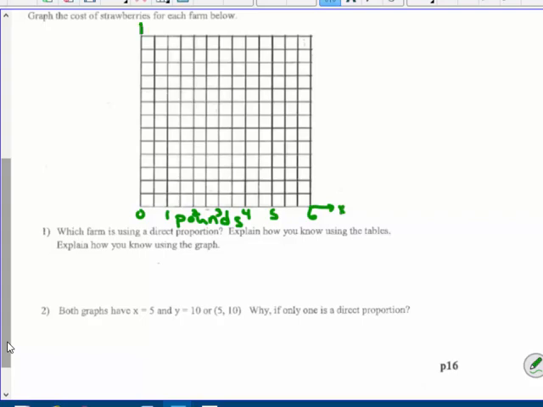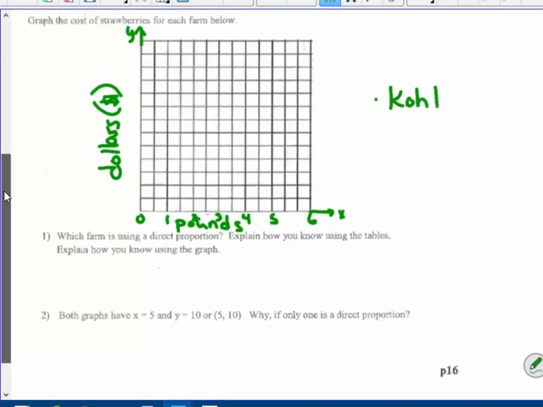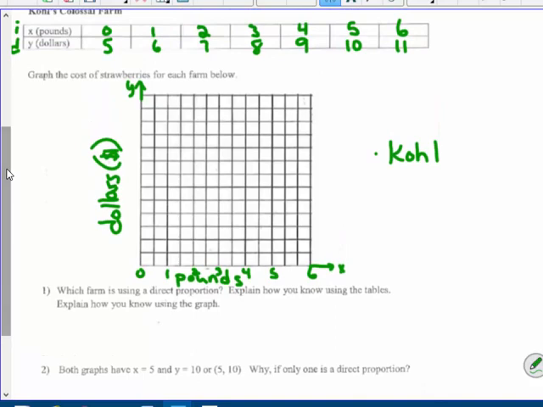And my y-axis is my dollars, or cost, which is in dollars. Not euros, not pesetas, or pesos, it's dollars, so dollar symbol. And I'm going to use the green marker for Cole. I'm going to do him first. Oh, got to give a title to my graph. So the title would be cost of strawberries.